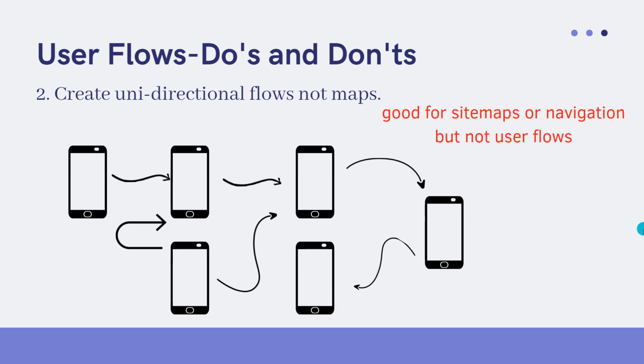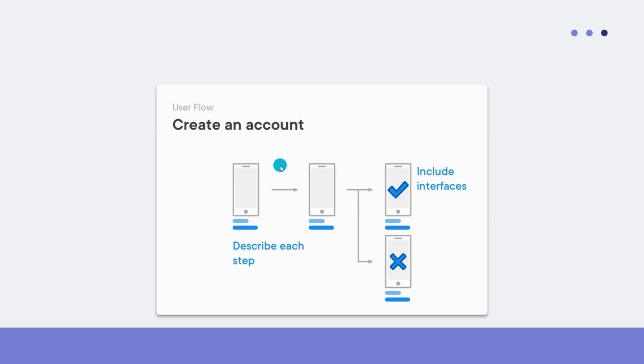Instead, user flows should be like this. It should be unidirectional. Even if you have a decision making step at any particular level, it should be properly labeled, showing that this is the step where the action is unsuccessful, and this is the step where the action is successful.